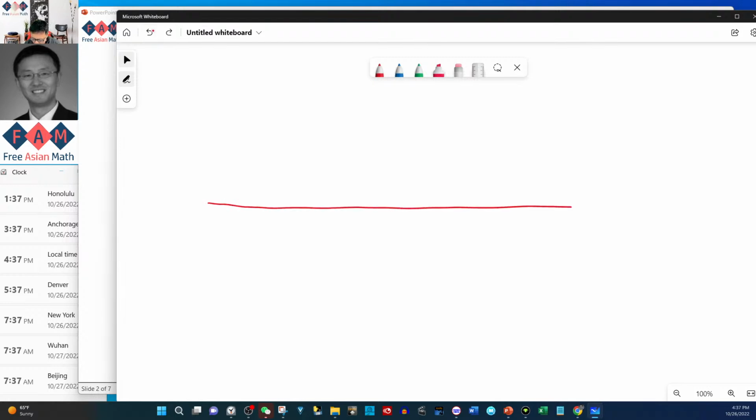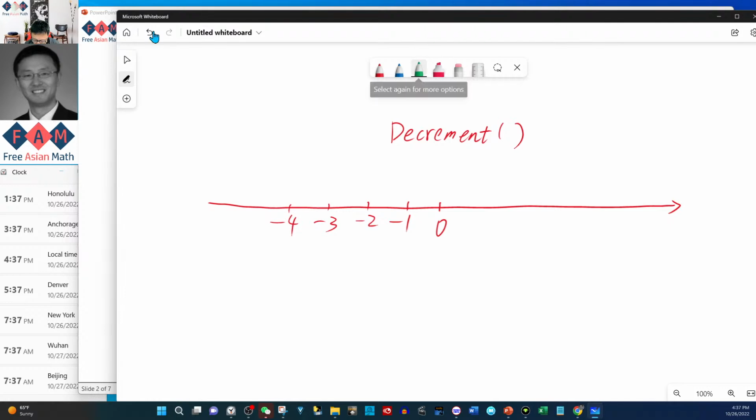Okay, so on the number line, we start at 0, we do decrement, decrement, remember now it's capital decrement. That way gives us all the negative integers and so on. So on the right hand side, we got 1, 2, 3, 4.